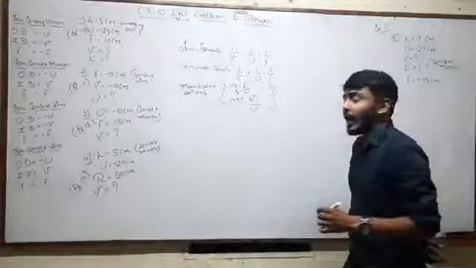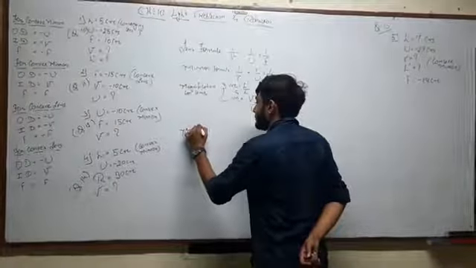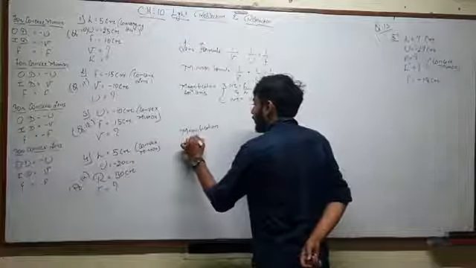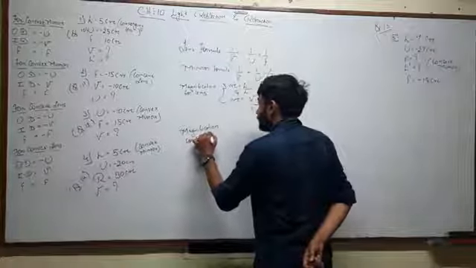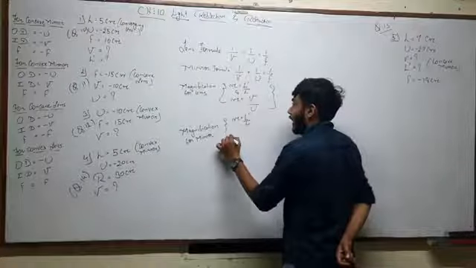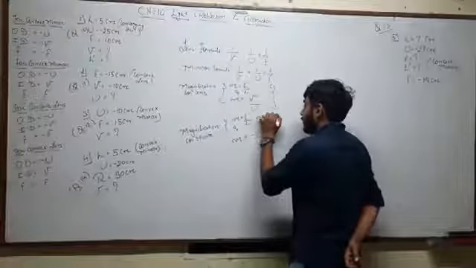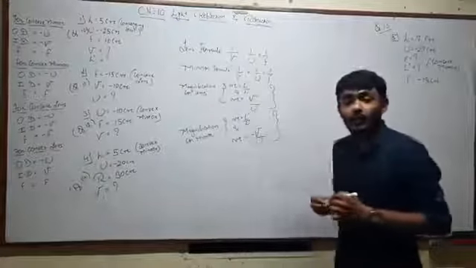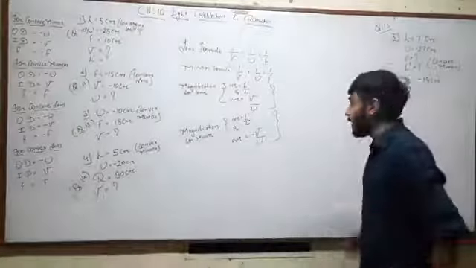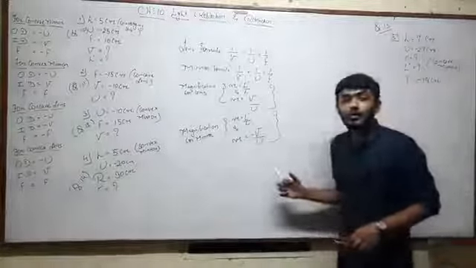And for the magnification for mirror, it will be m is equal to h prime upon h and m is equal to minus v upon u. So these were the general formulas we are going to use today for the mirror and lens. I hope you are clear with this.